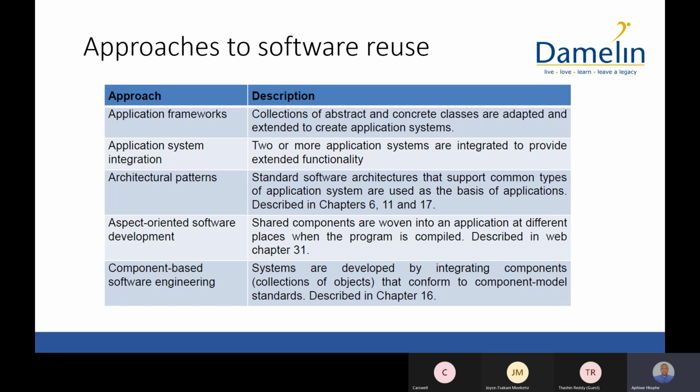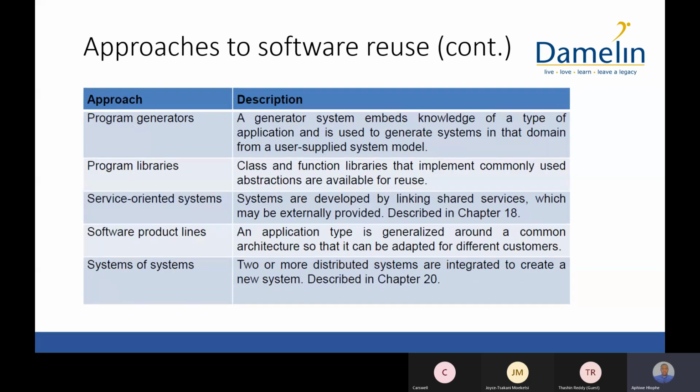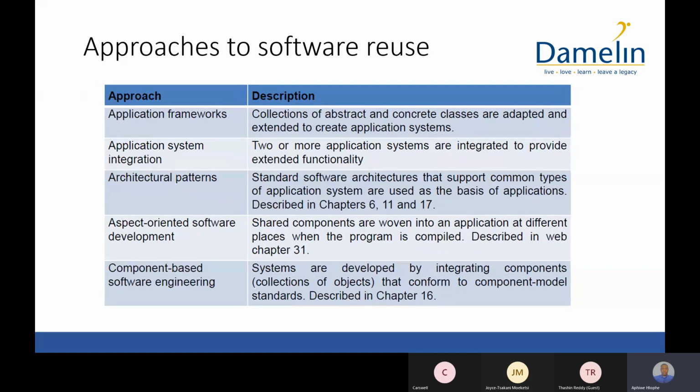There are several approaches that you can use when doing software reuse. Let me just take you through some of them. We can use application frameworks. These application frameworks are just a combination of UI components. The developer still needs to write code to define how they operate the functionalities.